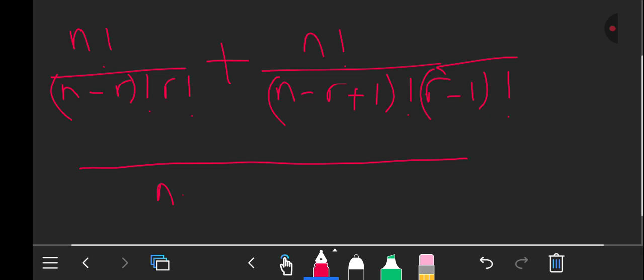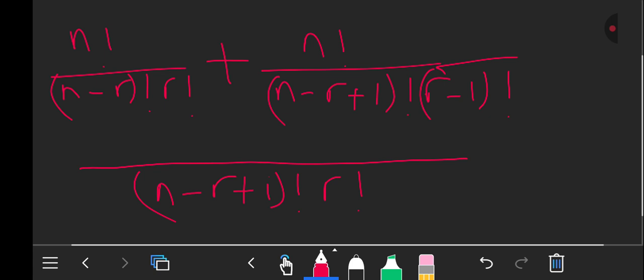So the bigger value is n minus r plus 1 factorial. Then between r factorial and r minus 1 factorial, the bigger one is just r factorial.